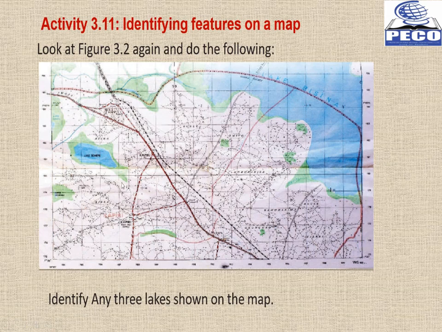First of all, in case you have this map extract, we call this a map extract, or it is a topographic map. In case they tell you to identify any three features found on this map, we can identify these features by looking at them and then looking at what is written within those features.